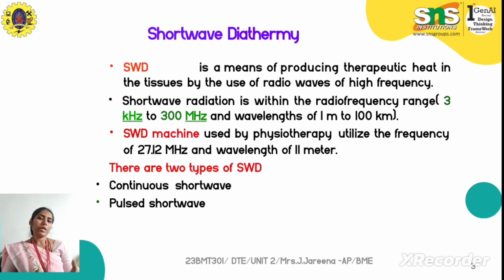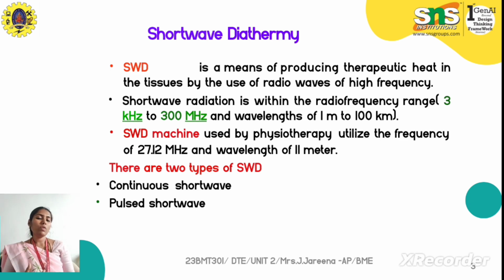Basically there are two types of shortwave diathermy machine. One is continuous shortwave, and the other is pulsed shortwave. This is the way you deliver it to the patient. If you give it without any interruption, continuously producing the heating effect inside the body, then it is continuous shortwave.